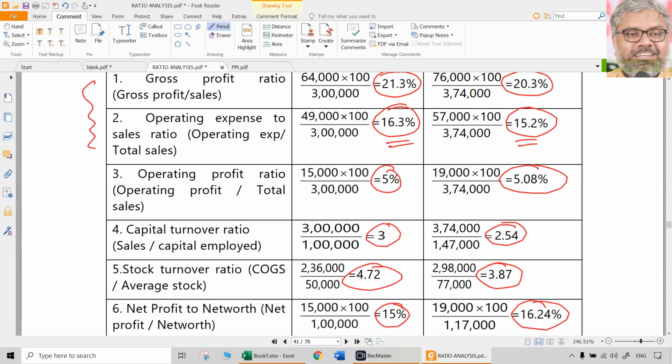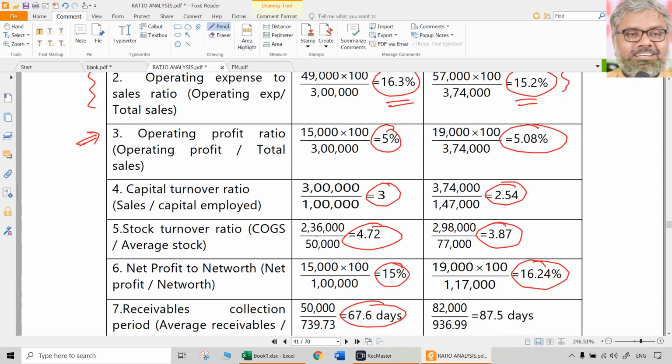Operating expenses are reduced, but the cost of goods sold increased. The gross profit ratio also reduced. So the cumulative effect of these two is reflected in the operating profit ratio, where it increased only by a very small percentage, around 0.08%. As good as no big change.